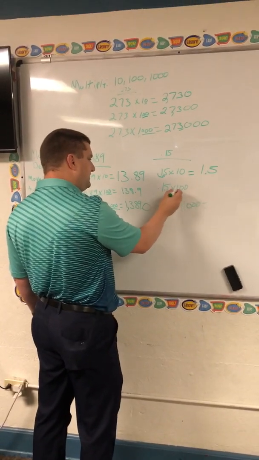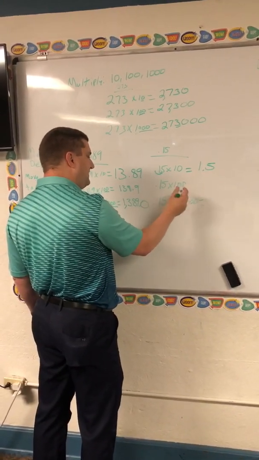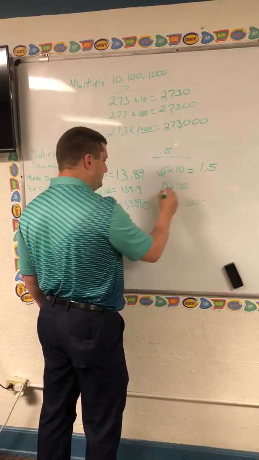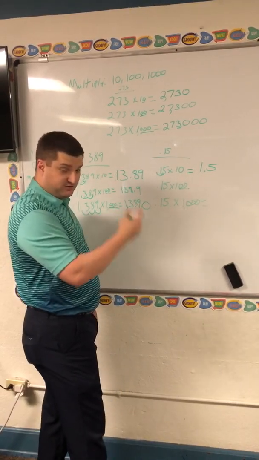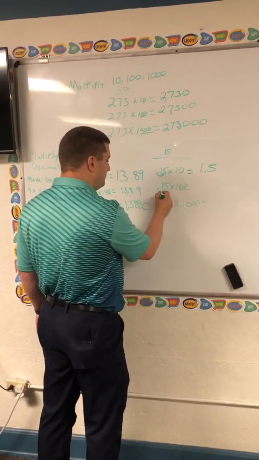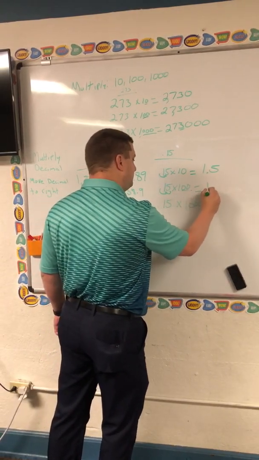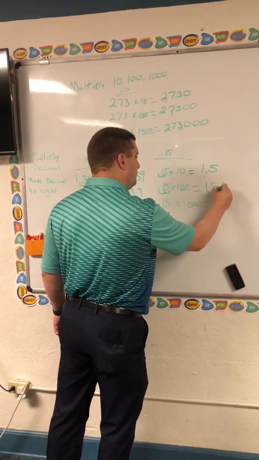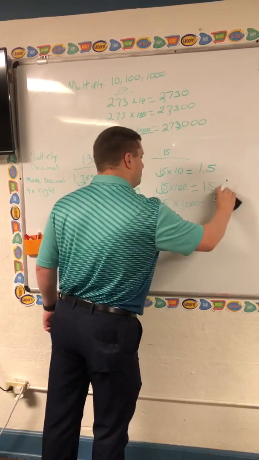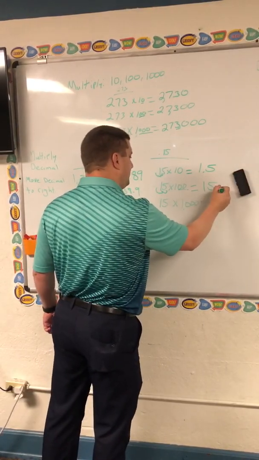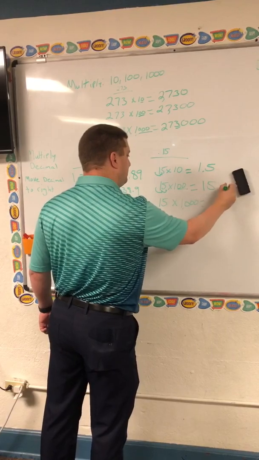Next is 0.15 times 100, 2 zeros, move your decimal over 2 spots. So 1, 2. That equals 15 or 15.0.